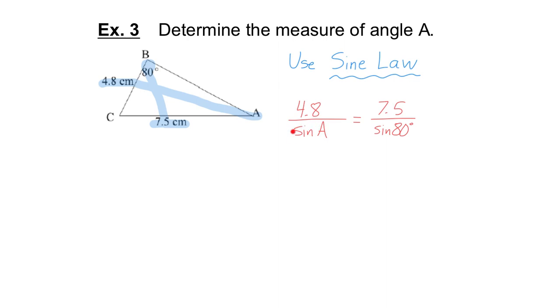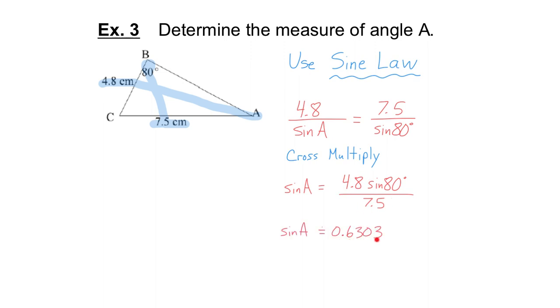Like before, I can solve for my unknown by cross multiplying. And when I do that, remember, sine A is the unknown in this proportion. So I'm going to multiply the diagonals, 4.8 times sine 80, and I'm going to divide by 7.5. So when I do that, I get approximately 0.6303.